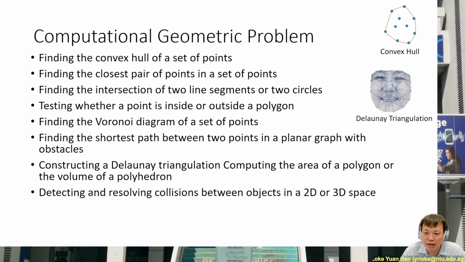That is the convex hull problem. Then there's finding the closest pair of points in a set of points. That is also a geometric problem. Others include finding the intersection of two line segments or two circles, or testing whether a point is inside or outside a polygon, and so on and so forth. All of these are very typical computational geometry problems.